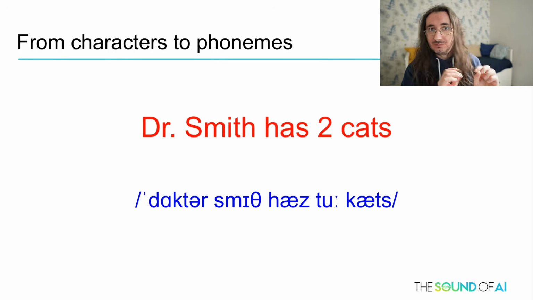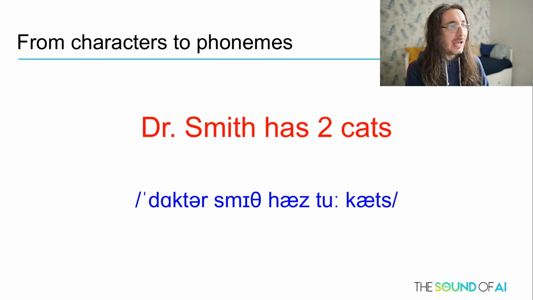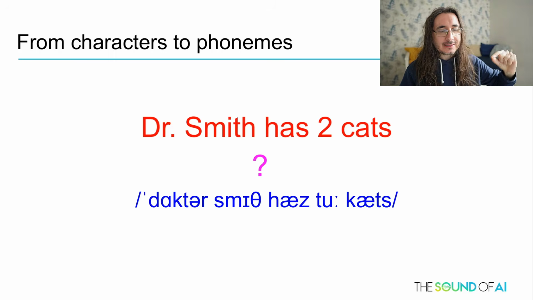In red, you can see the English spelling, and in blue, you can see the phonetic transcription. Now the question that we want to answer today is, how do we move from the spelling to the phonemes? That's how machines process text.